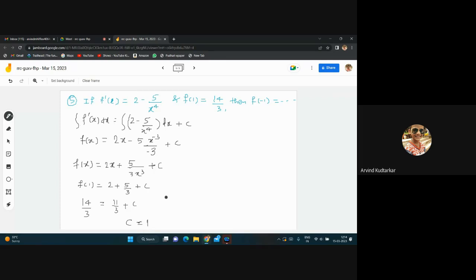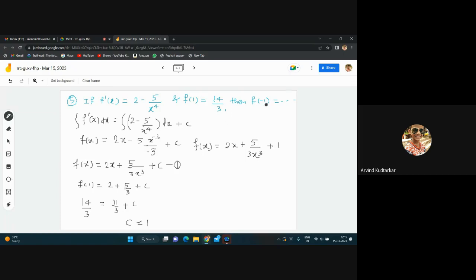Put this value of c in the function of x. So this is equation number 1. We need the value of f of minus 1, so first put the value of c as 1, and then substitute x as minus 1. So f of x is 2x plus 5 upon 3x cube plus c, where the value of c is 1.